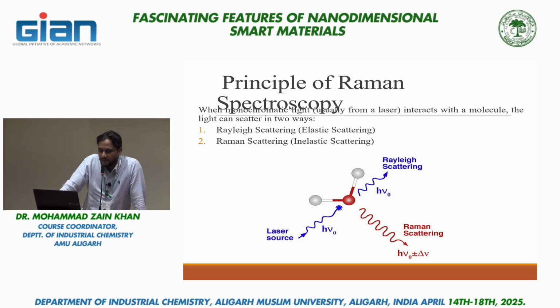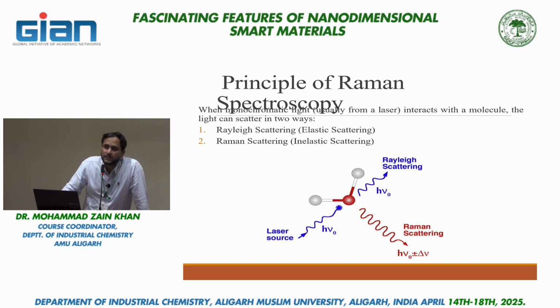While in case of Raman scattering, that elastic scattering is called Rayleigh scattering. Now we have some inelastic scattering as well, which is called Raman scattering. And whenever this inelastic scattering occurs, there are again two possibilities.